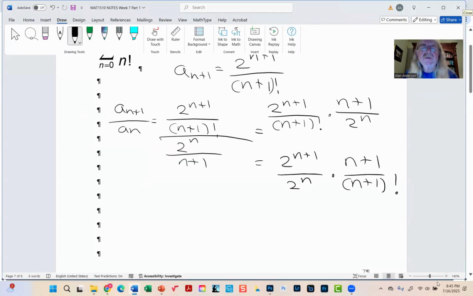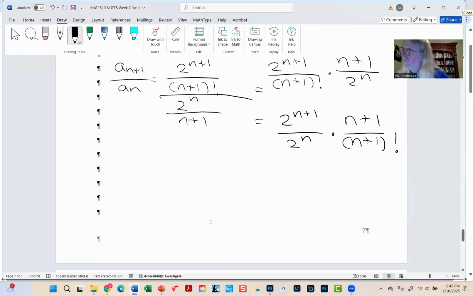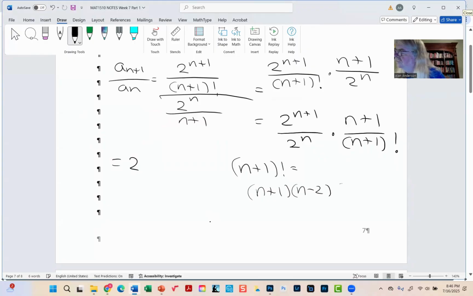Now, the first one is easy. It's clearly just 2. Now, the second one, we have to be a little careful because n plus 1 factorial means, if it's already plus 1, we subtract 1, this becomes just n. Just like 3 factorial is 3 times 2 times 1.